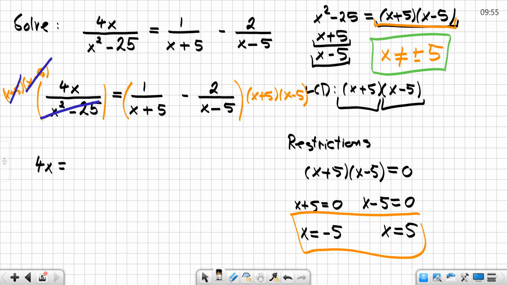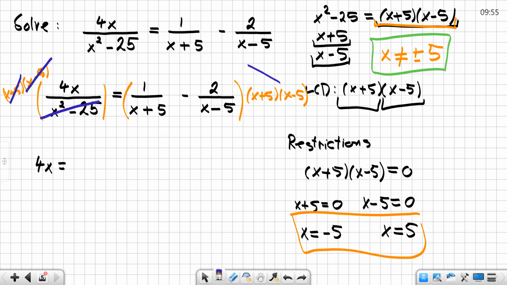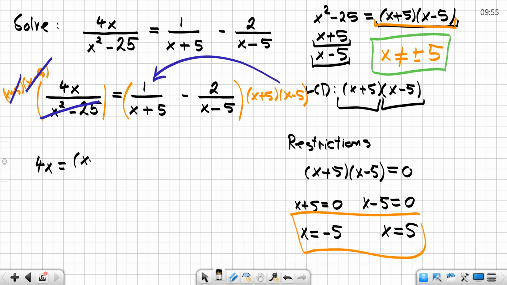Now, on the right-hand side, the first one, let me use a different color. The first term is going to be multiplied with x plus 5 times x minus 5. And you see already what is going to happen. This x plus 5 in the bottom is going to go away.